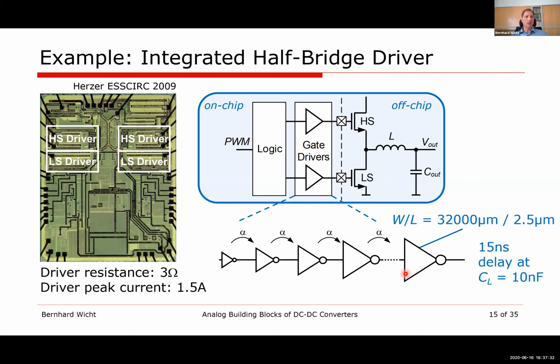So in the end, we reach a driver resistance of 3 ohms and a peak current of 1.5 amps with this design. And if we look at the final last driver stage, the W/L ratio of the N-type device here is really large. This accounts to 3.2 centimeters, 1.5 inches. So it's really something visible, right? It's really impressive. That's why I'm highlighting it here. Of course, it's not implemented as a straight line. It's an array of transistors, but still it's only the driver.